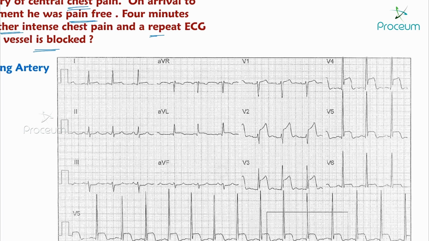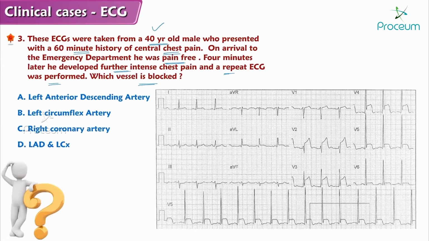These are the lateral leads: I, aVL, V5 and V6, and in the anterior leads V2, V3 and V4.